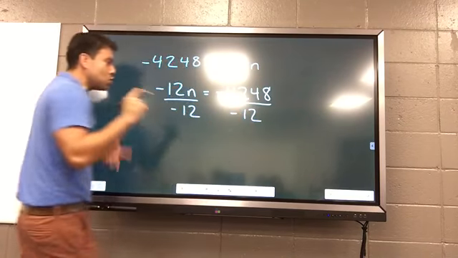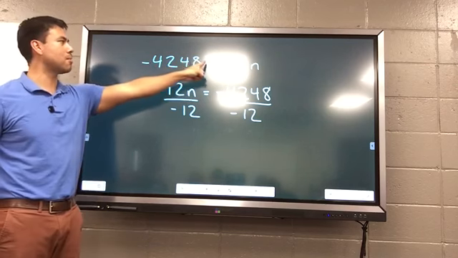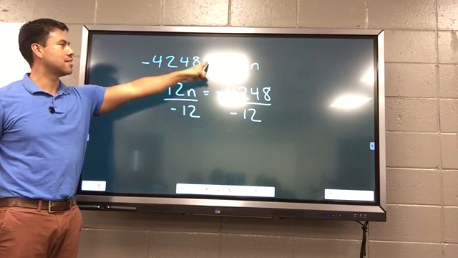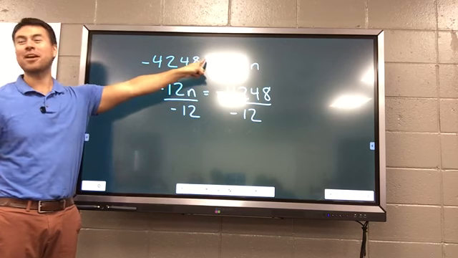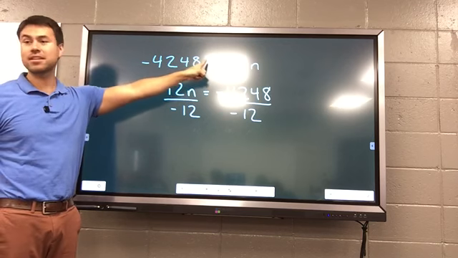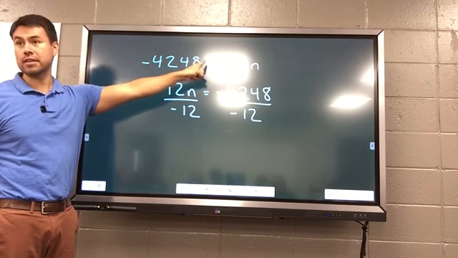Mr. A, do you really have to write negative 12 on both sides? Yes. And I'm telling you right now. Okay, notice we're dealing with what type of problems? Equality. And what do you call those? Equations, right? Are we always going to deal with equations? No, we're going to deal with inequalities.